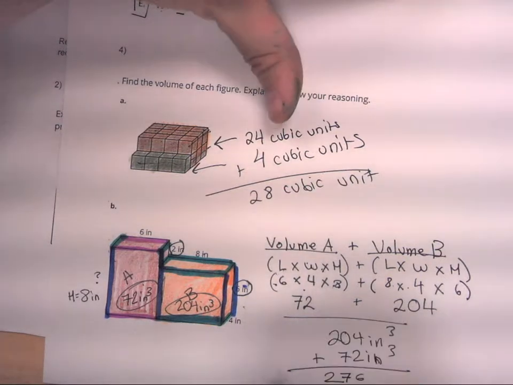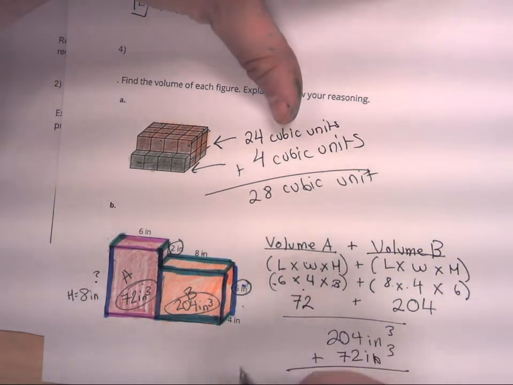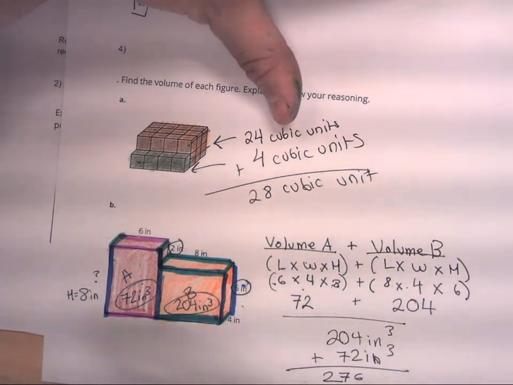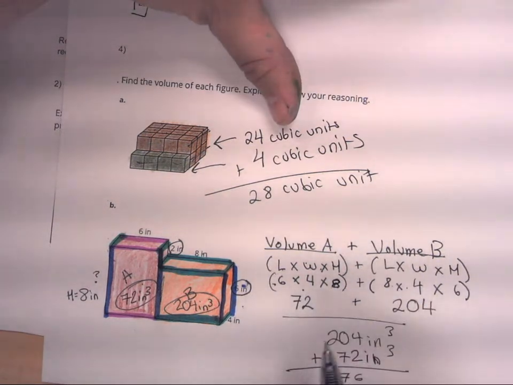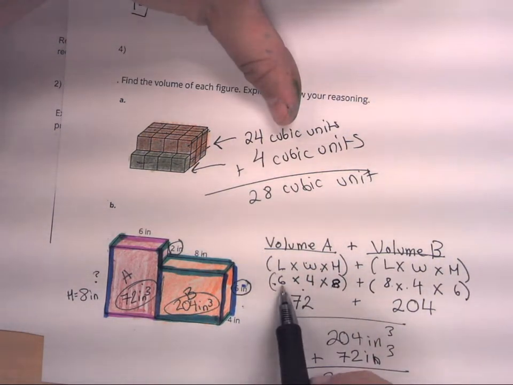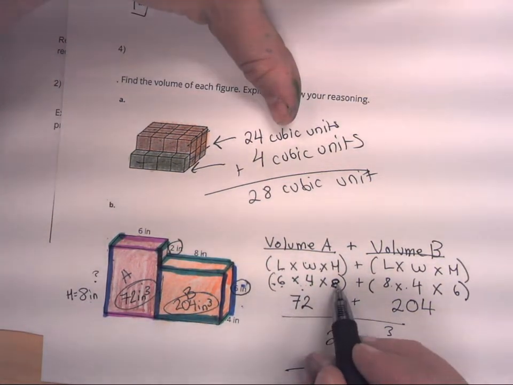So let's see here. I multiplied these numbers in my head. Maybe multiplying them out on paper is going to help me out here. Okay, so I think what happened was when I multiplied 6 and 4, I multiplied 24 by 3, because I didn't write my 8 very clearly.